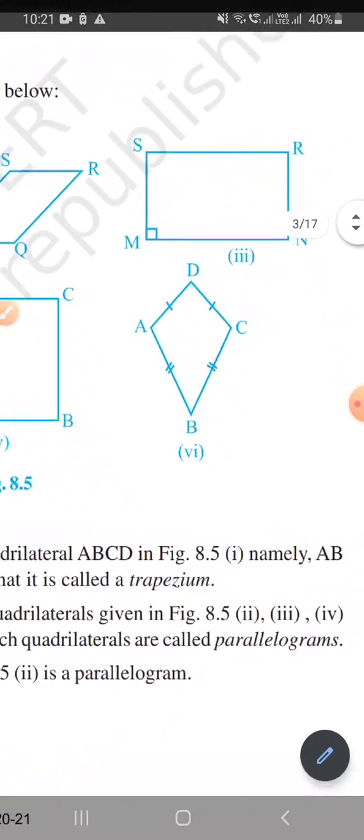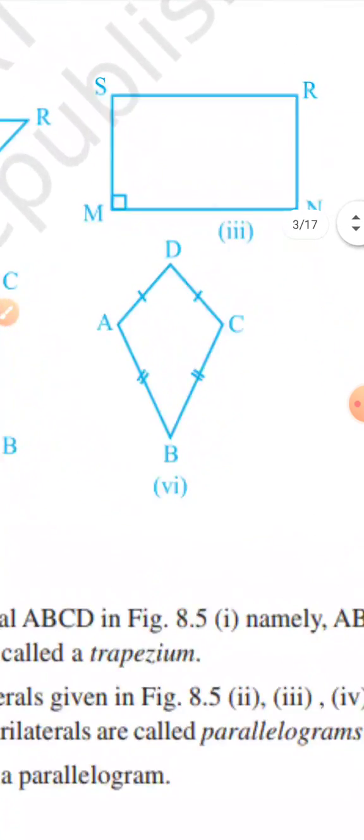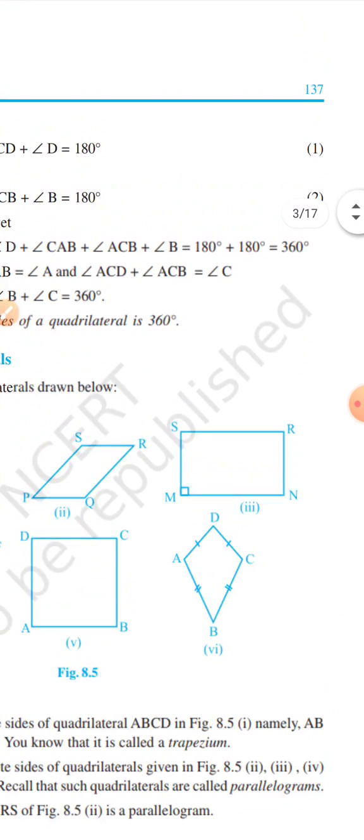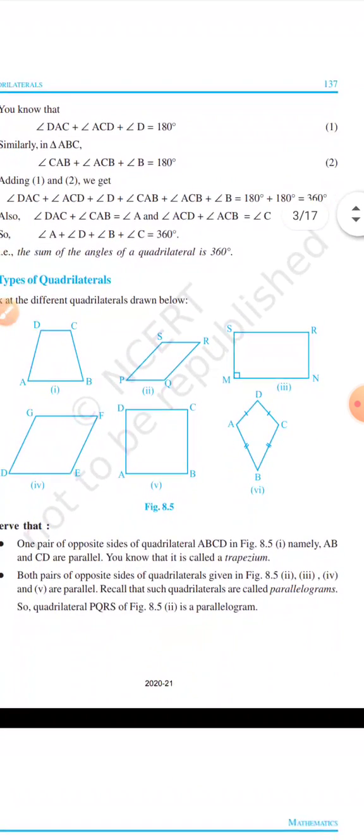Now, this is the last type, which is a kite. A kite is not a type of parallelogram, but we can say that a kite is a type of quadrilateral having adjacent sides equal.